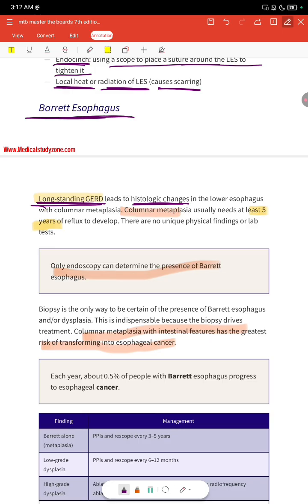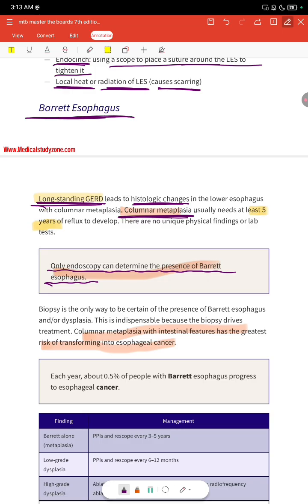Columnar metaplasia usually needs at least 5 years of reflux to develop, and there are no unique physical findings or lab tests. Only endoscopy can determine the presence of Barrett esophagus, because the endoscopy will give us a clue about the columnar metaplasia.